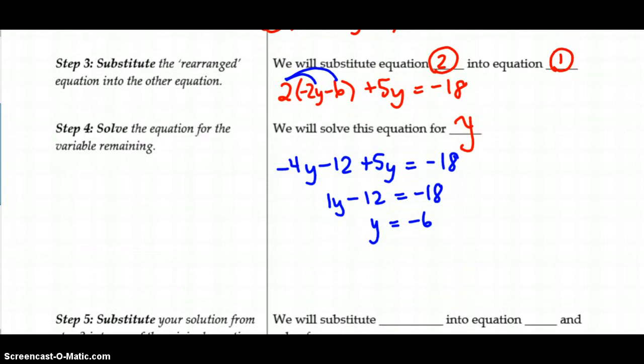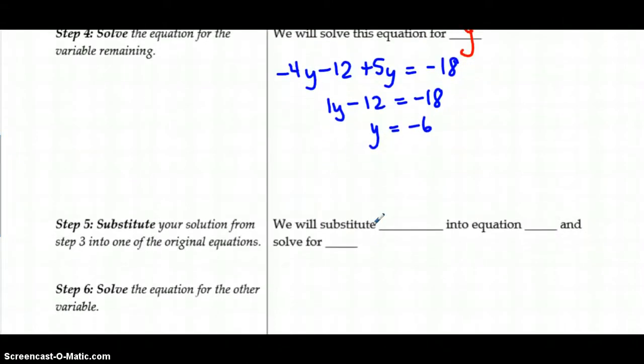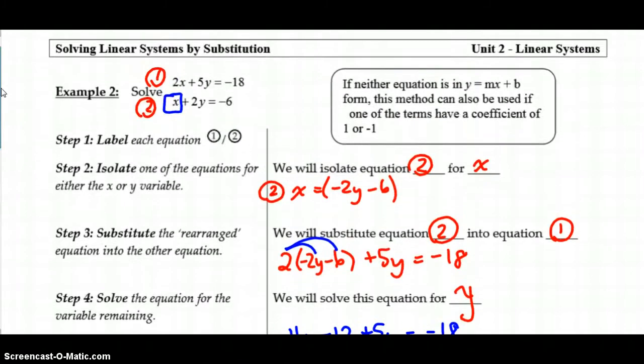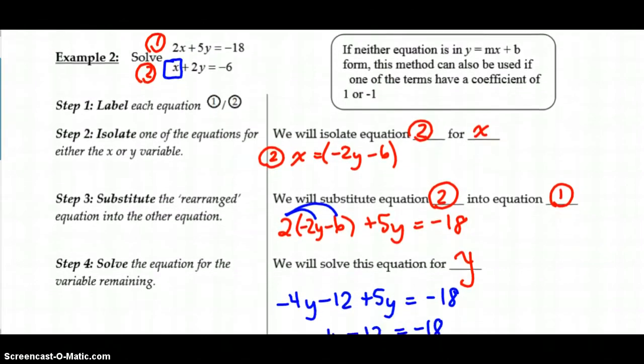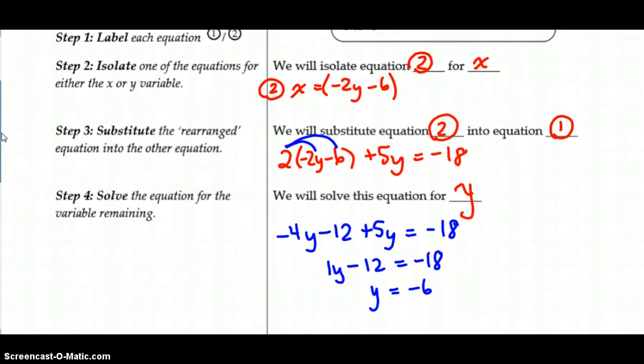So remember, point of intersection is always both coordinates, x comma y. So just like we did in the previous one, you're going to take that y equals negative 6 and substitute it into one of the two equations from above. It's up to you which one you pick. So I'm going to come up here, and I'll just choose that second one. X plus 2y equals negative 6. It shouldn't matter which equation you pick. You should get the same answer.